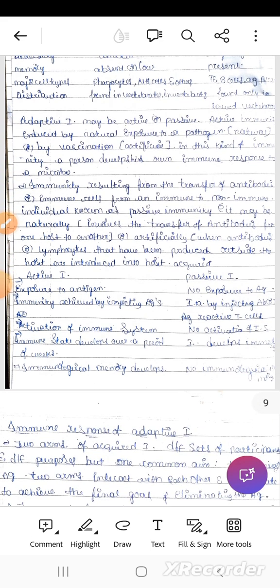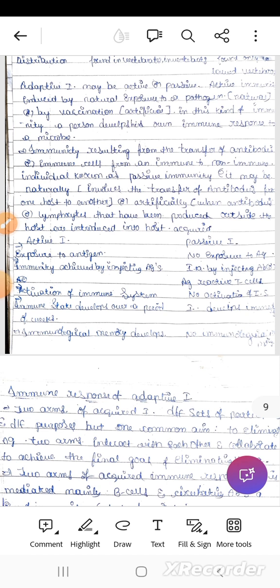Adaptive immunity may be active or passive. Active immunity is induced by natural exposure to a pathogen or by vaccination, which is artificial. In this kind of immunity, a person develops their own immune response to a microbe. Immunity resulting from the transfer of antibodies or immune cells from an immune to a non-immune individual is known as passive immunity.